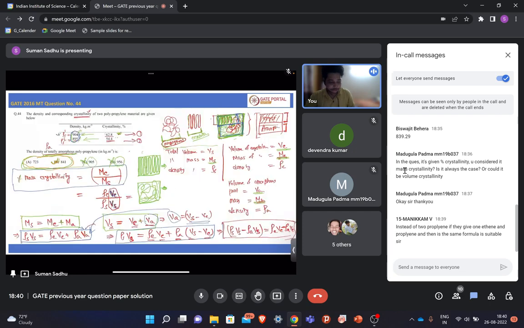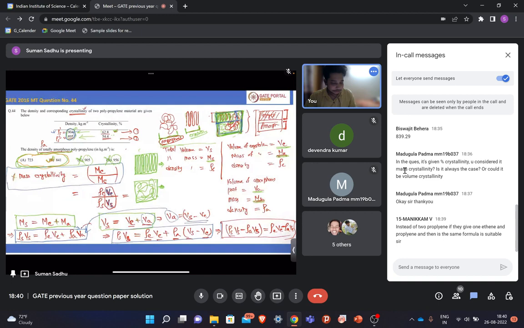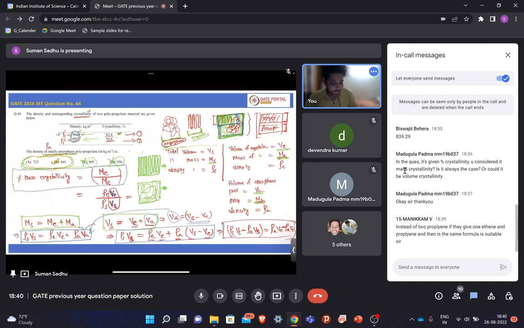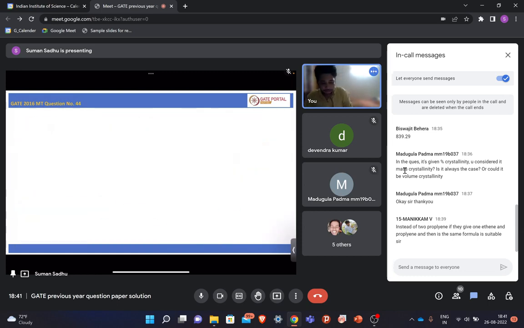You can consider these two polypropylene also, let's say this part I have crystalline, but I think you can use the same approach, like what you were saying. Let's say one part is polypropylene and one part is ethylene. So in this way you can also use the same approach. Let's say this is a block and the volume of this part is V polypropylene and the volume of this is V ethylene. So in this way, but this is a kind of mixture of these two different polymers, right? This you are asking, right?